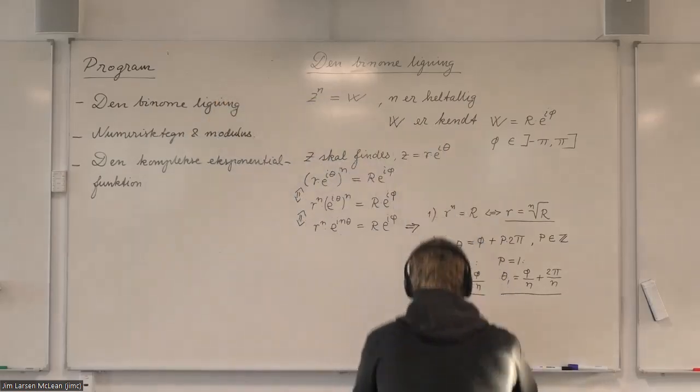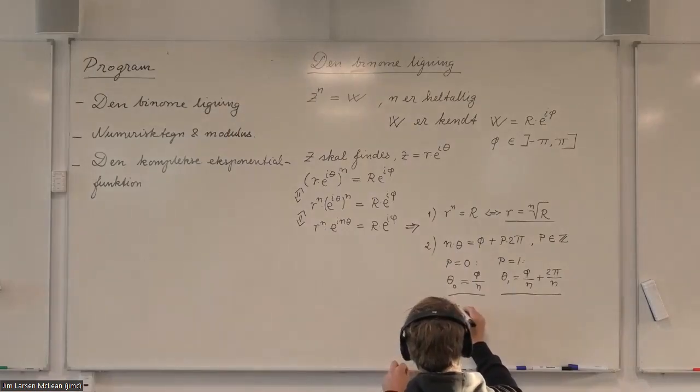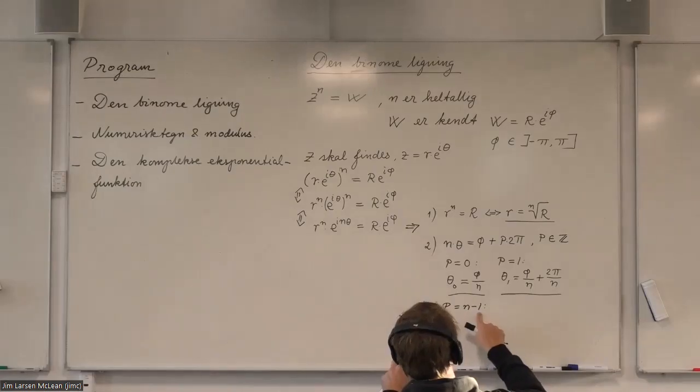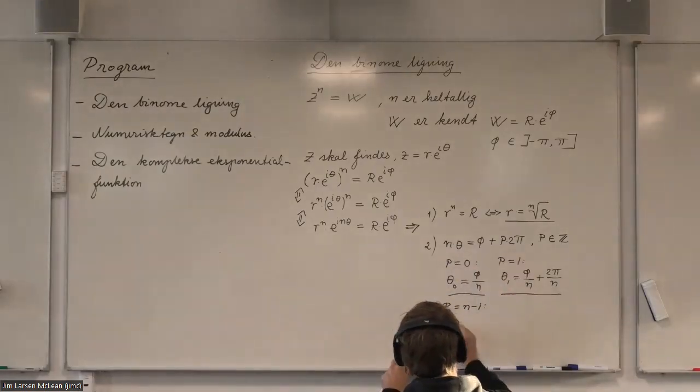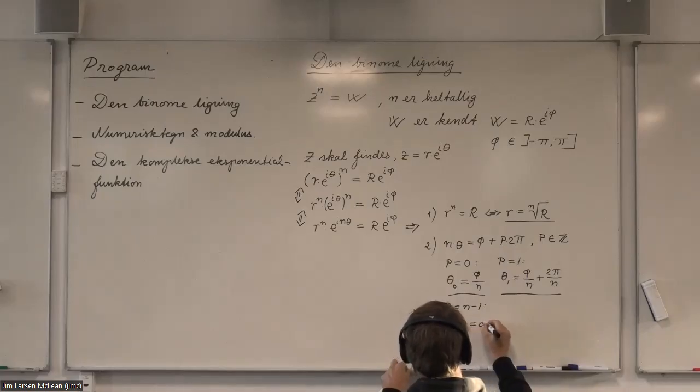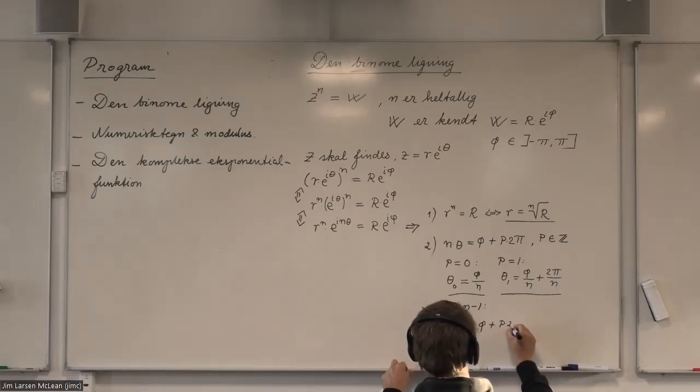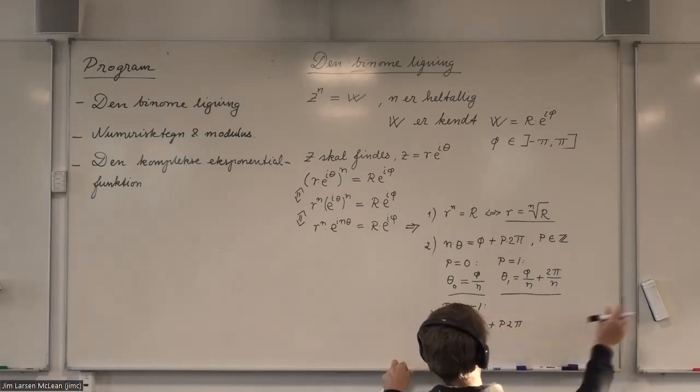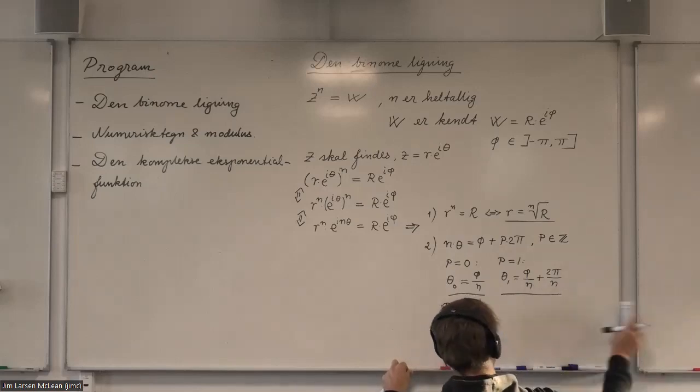So I can imagine that I'm now looking at p equals n minus 1. What does it say then if I set p to be n minus 1 up here in this line? Well, it says n times theta n minus 1 equals phi plus p times 2 pi. But if p is now n minus 1, then I can replace the p with n minus 1 right there.